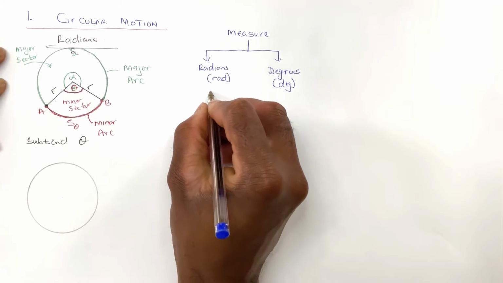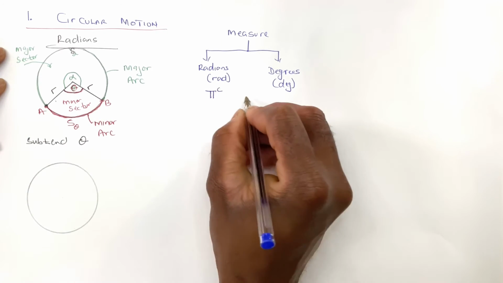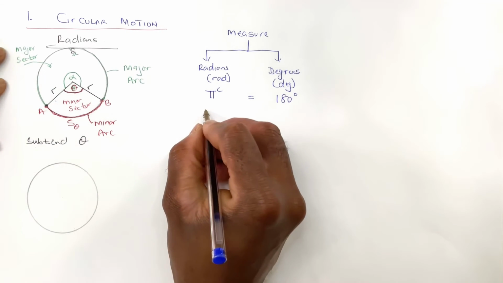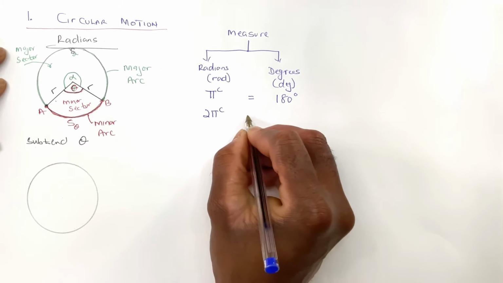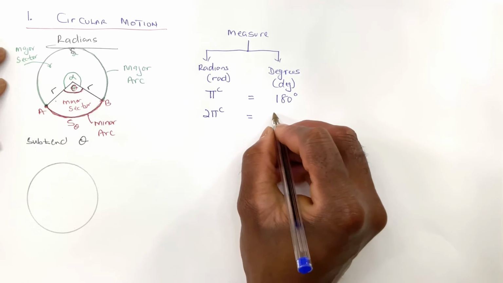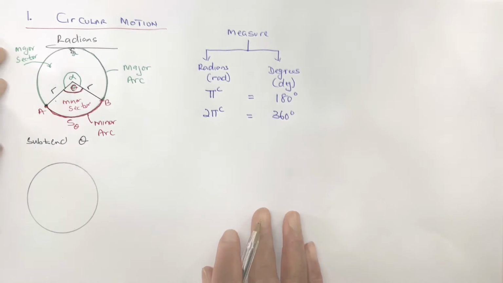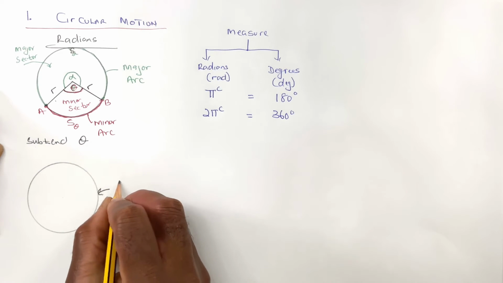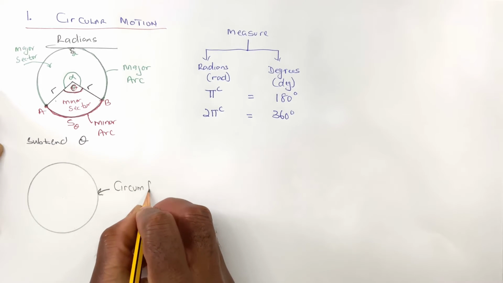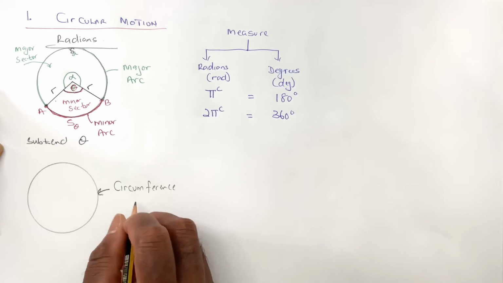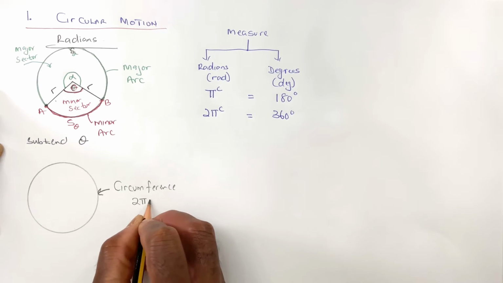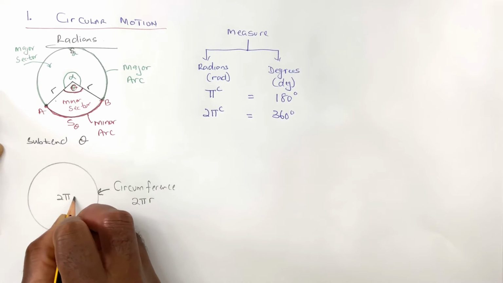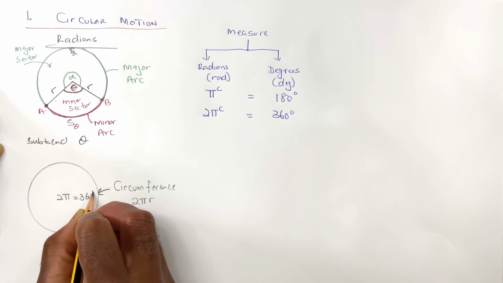So pi radians is equal to 180 degrees, and therefore 2 pi radians is equal to 360 degrees. The circumference of a circle is 2 pi r, and the angle of a circle is 360 degrees, which is 2 pi.